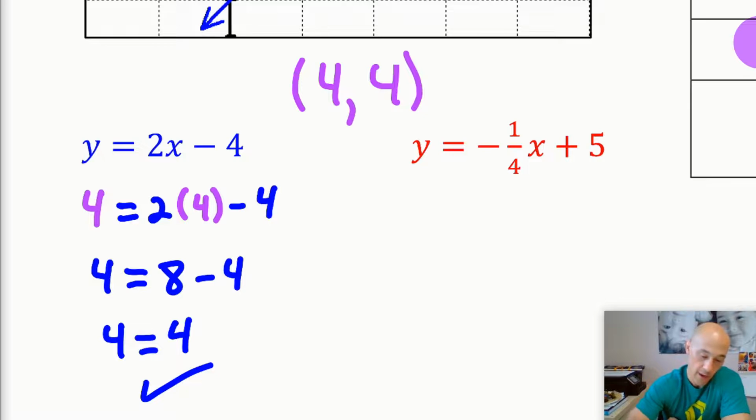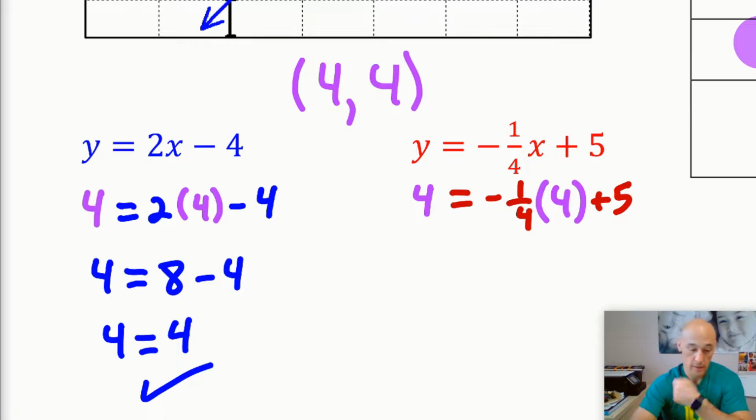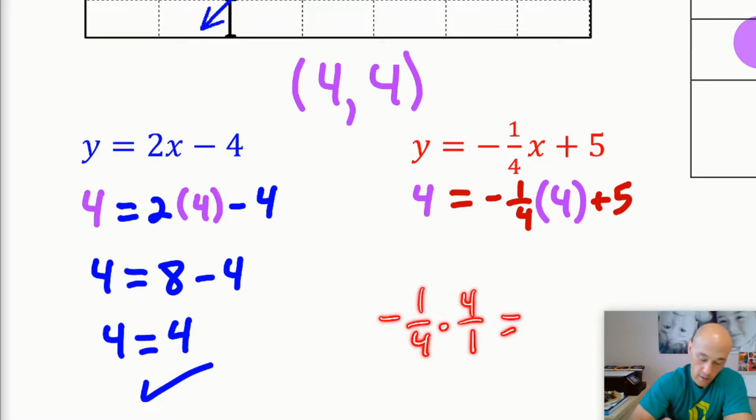Now we have to check the red equation. We plug in 4, 4 for x and y: negative 1/4 times 4 plus 5. Right here, negative 1/4 times 4 can be thought of as negative 1/4 times 4/1.